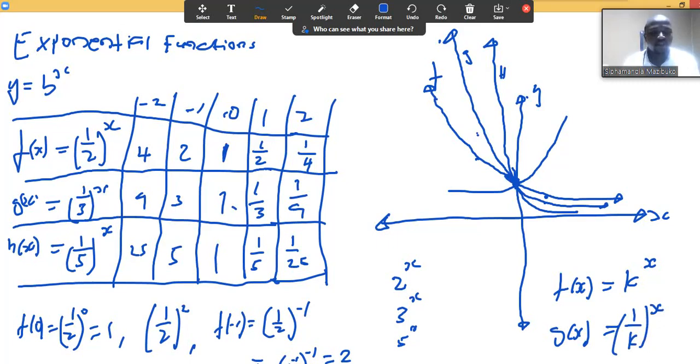That is what we get when b is a fraction. That was to highlight that we can get a reflection when our b is a fraction compared with b being a real number.